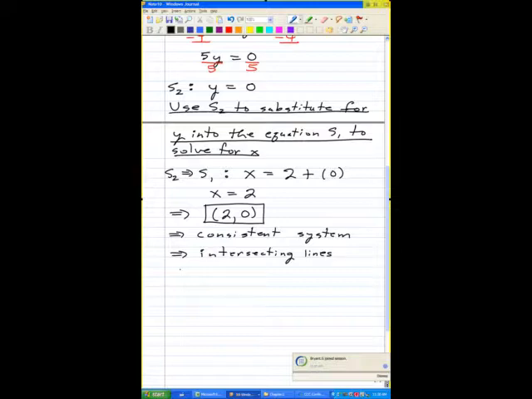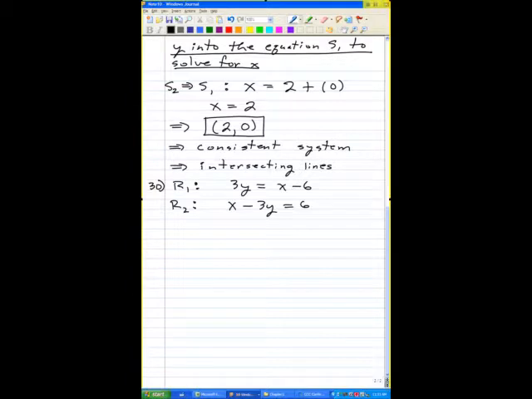Okay. Let me do problem number 30. So R1 is 3y is equal to x minus 6. R2 is x minus 3y is equal to 6. Okay, so let's do this.